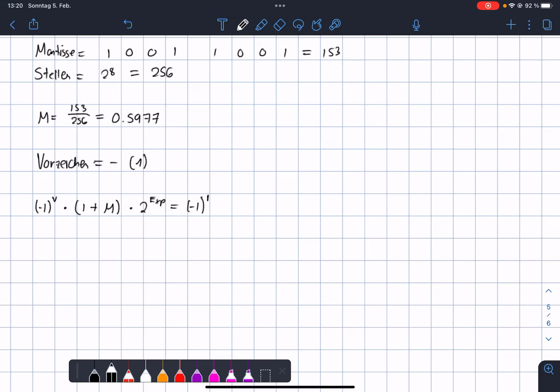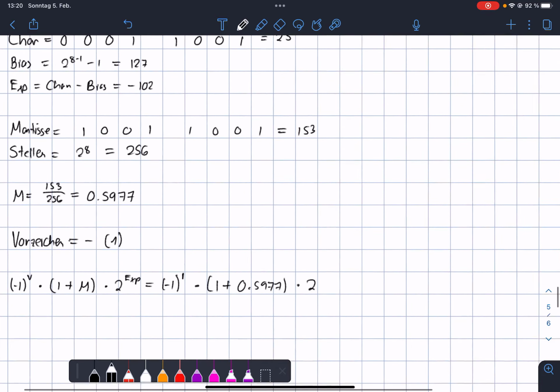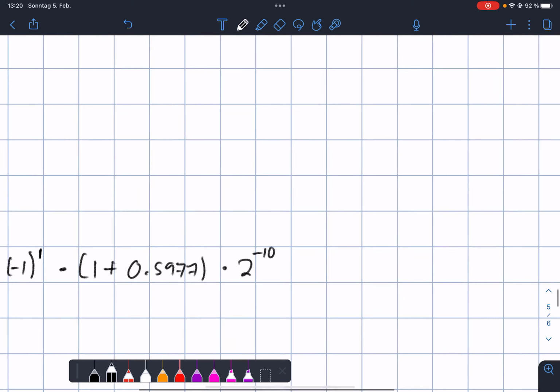And then times 1 plus 0.5977 times 2, an exponent in this case, is minus 102. So in this scenario, hold on, let me just open my exercise here with a solution to verify that I did everything correctly.